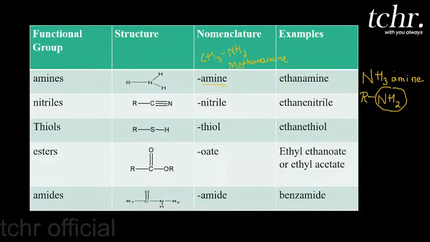Now same way, one more example. Let us try to write the structure of ethanamine. Ethane, eth means how many carbon atoms, students? Two carbon atoms. So CH3, CH2, NH2. This is the structure of ethanamine. Is it clear?